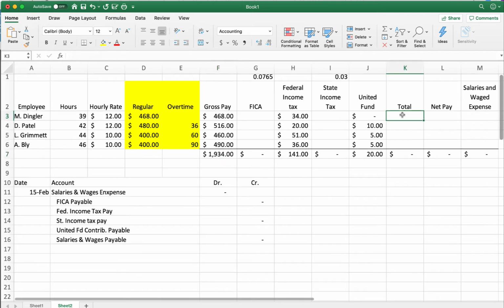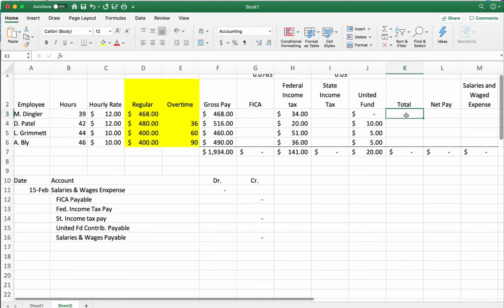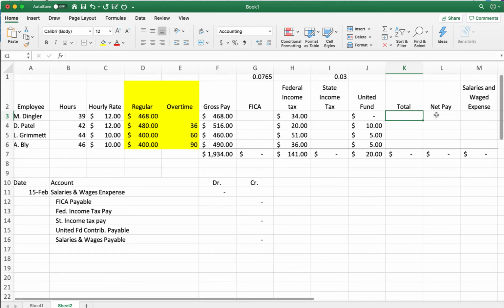And then I'm going to add up my total expenses, right? So when you see total, that's nothing more than FICA, federal income, state income, and United Fund, okay? To get the net pay, what I had to do was take my gross, subtract out the total of my withholdings, and that gives me my net pay, okay?